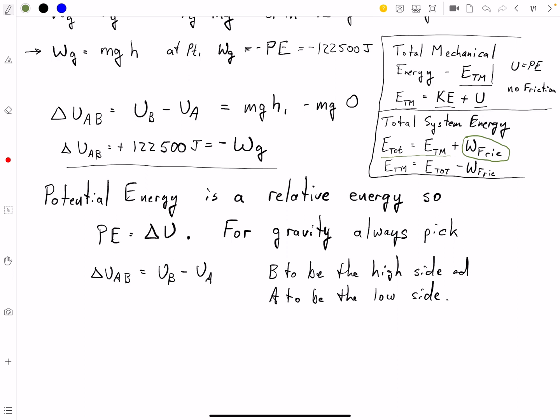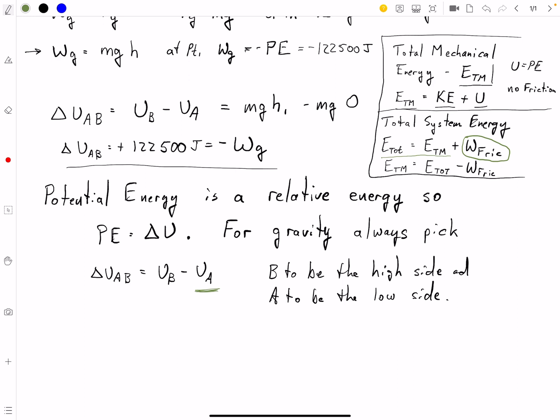Okay, so the potential energy is a relative energy. So your potential is equal to a delta U. So what that means is you have to get the difference between the two things, which means you're doing this relative to A, okay?